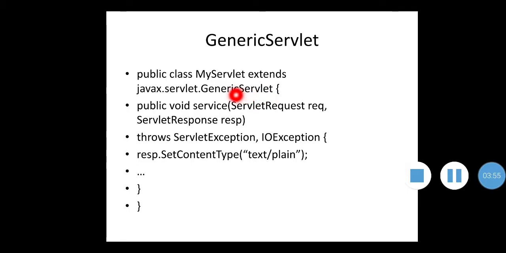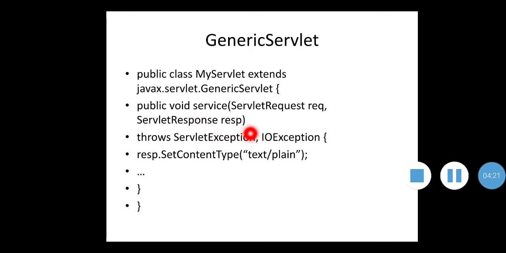The GenericServlet class resides in the javax.servlet package. For generic servlets, in order to handle the requests, we have to use the service method. The service method takes two parameters. One is ServletRequest and another one is ServletResponse.